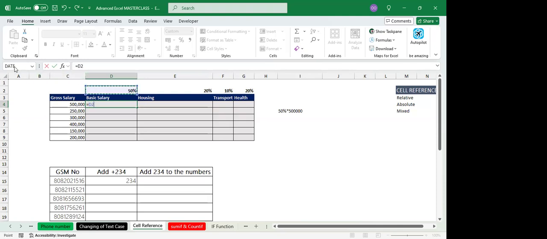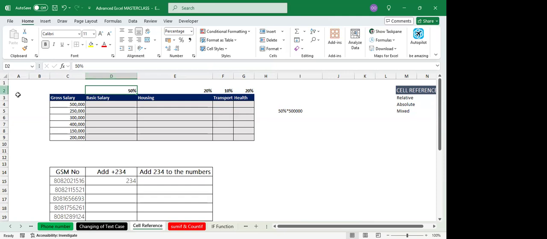You can see it from here. This cell, the name is D2. You can see it here on the name box, right? Now, that D2 means that the column of that cell is D, and the row of that cell is 2. I hope you understand. D2.